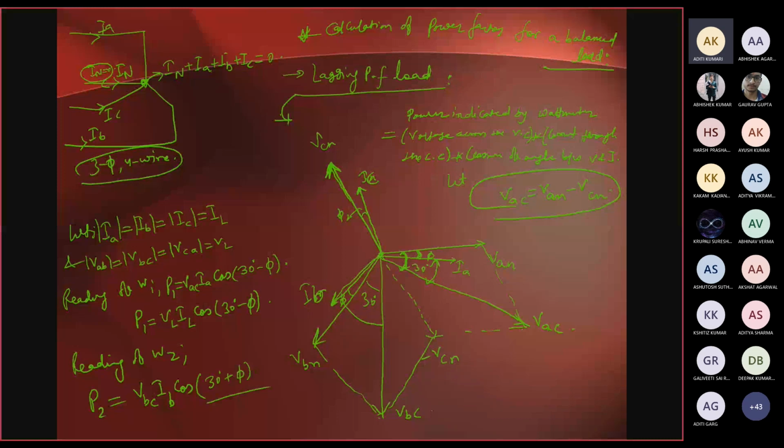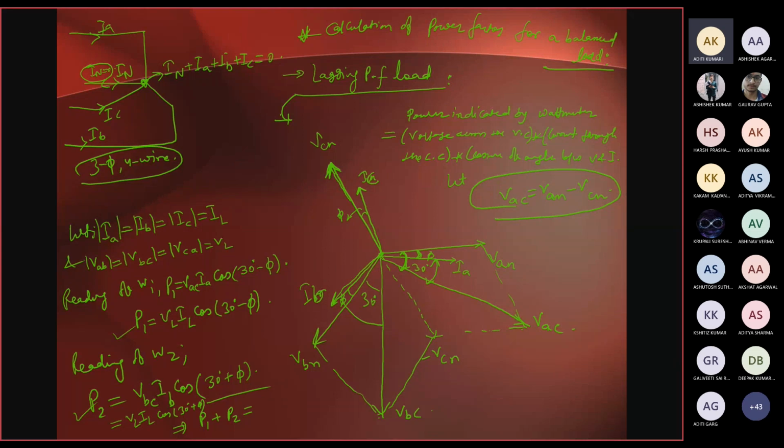So we have obtained the reading of wattmeter 1, that is P1, and reading of wattmeter 2, that is P2. So total power, this implies P1 plus P2 will be equal to, सॉल्व करोगे इसको तो ये भी इसको इस फॉर्म में लिख दो, VL IL cos 30 degree plus phi.